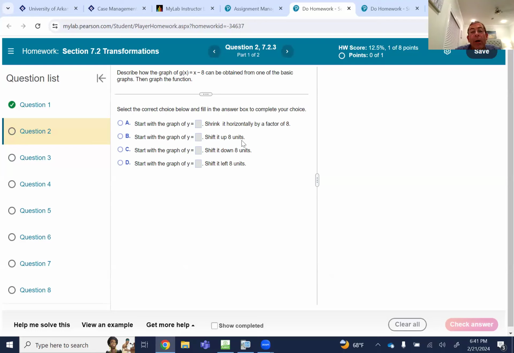So it's either going to go up 8, down 8, or left 8. Now, I'll give y'all a clue. It's not in parentheses. And right ain't even a choice. So that means that negative 8 is down. There you go. It's added to the end of the function. So it's going to go down 8 units.